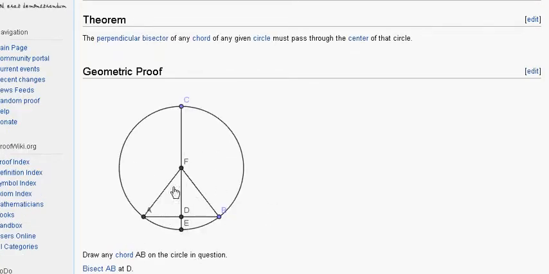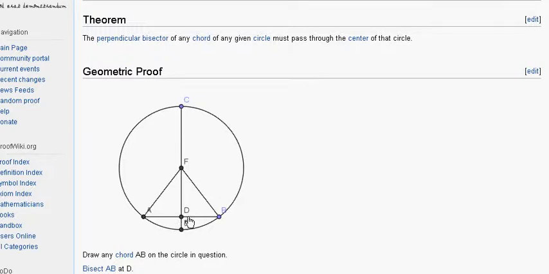It says that F is the center of the circle and AB is the chord, and a chord is any line segment that joins 2 points on the circumference of the circle. So A and B are 2 points, and AB joins them. D is the midpoint of AB, which is given to us.